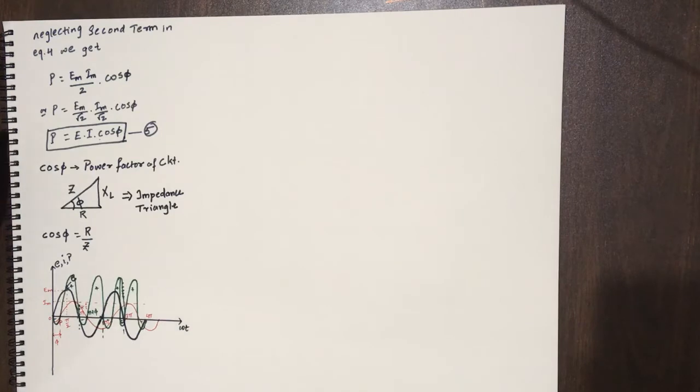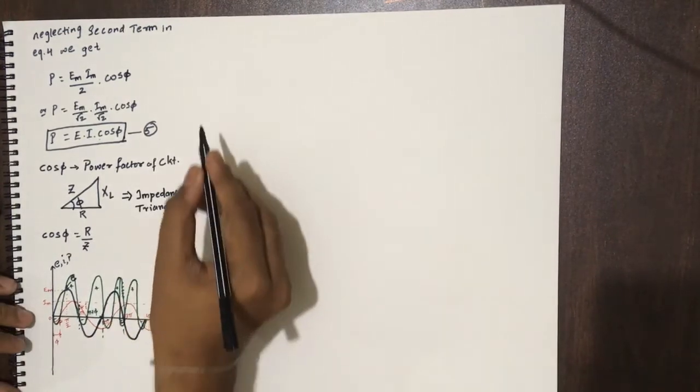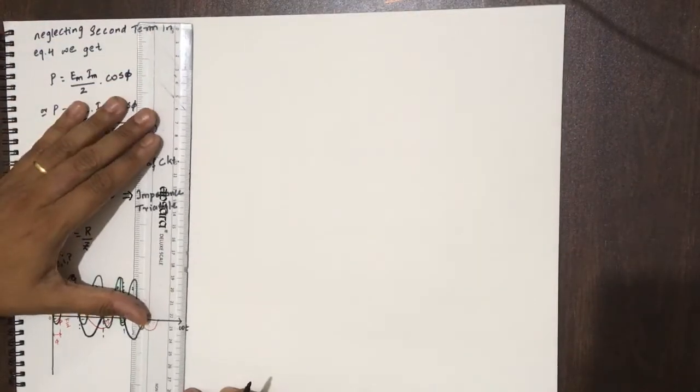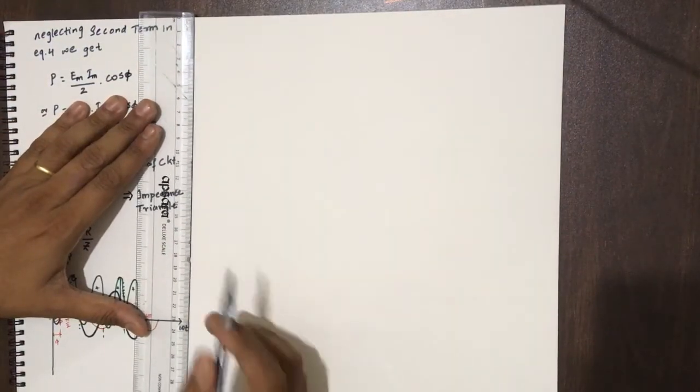Now when I re-look into the phasor relation between voltage and current, let us divide the sheet so that the usage is better.